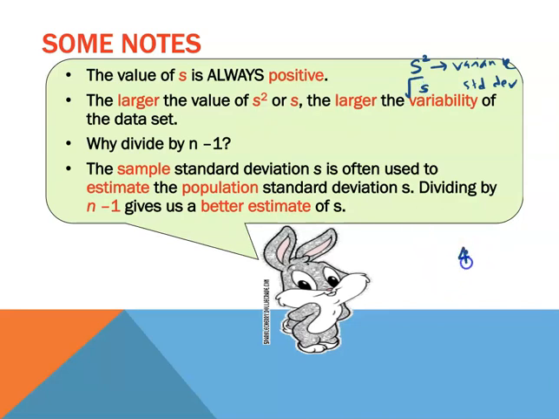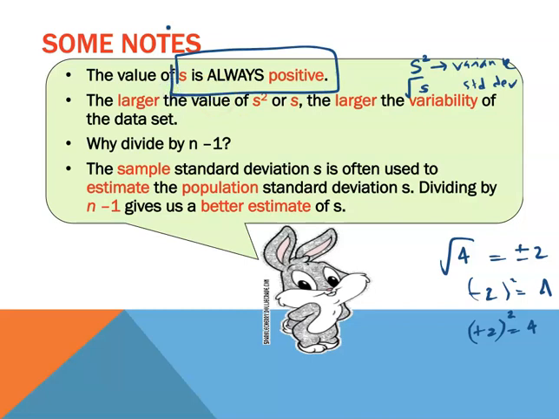For example, the square root of 4 can be plus or minus 2, because negative 2 squared gives me 4 and positive 2 squared also gives me 4. But here, they are emphasizing that S should always be positive. So please take note of that. Don't give me a negative value for S.